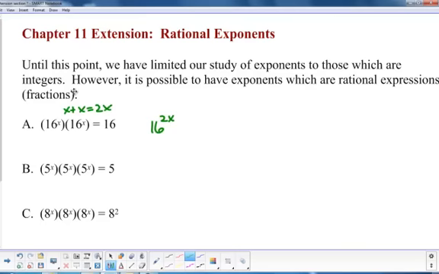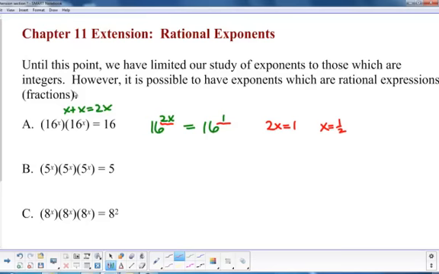And over here, we just have 16 to the 1, because 16 is just alone. So we have the same exact base. When we have the same base, we can set our exponents equal. So basically, my answer is 1/2.